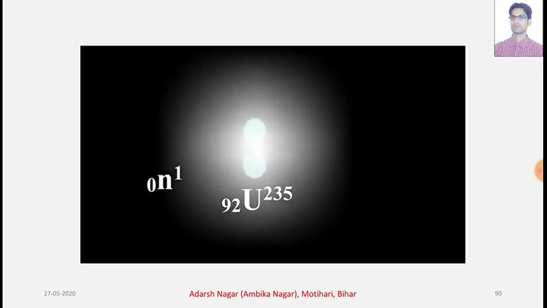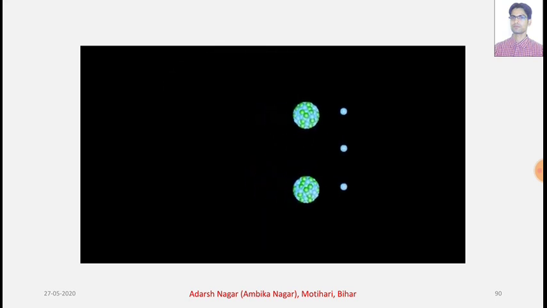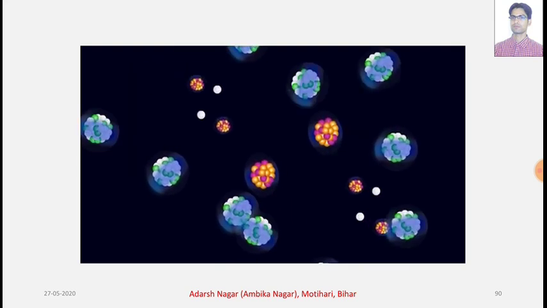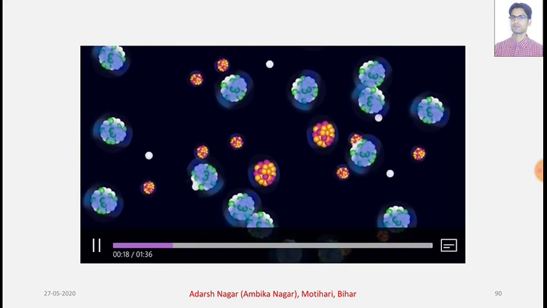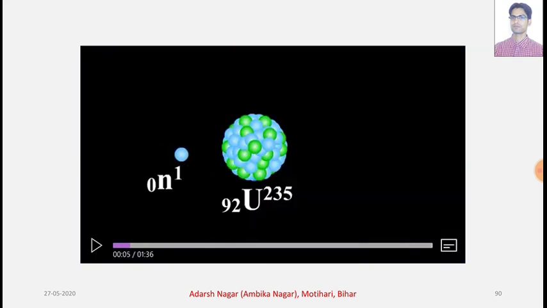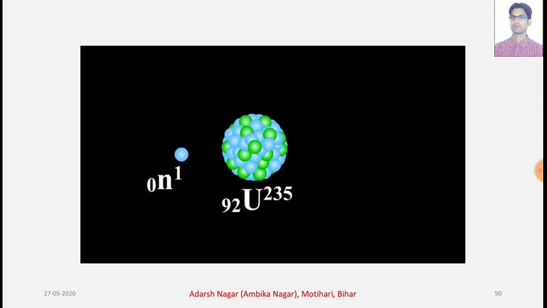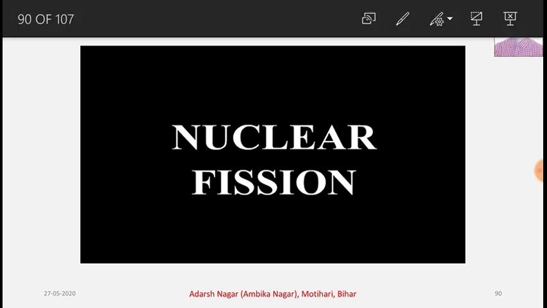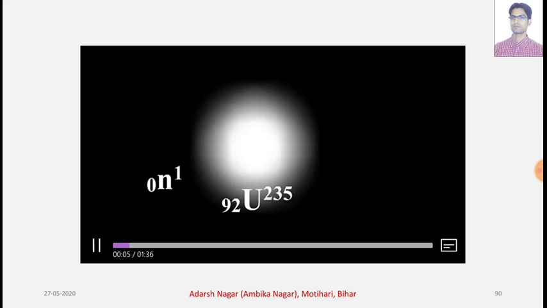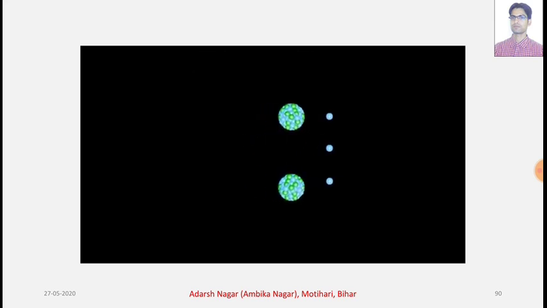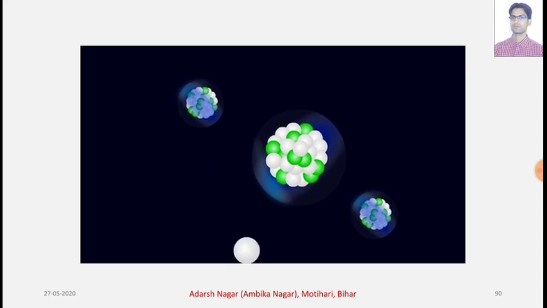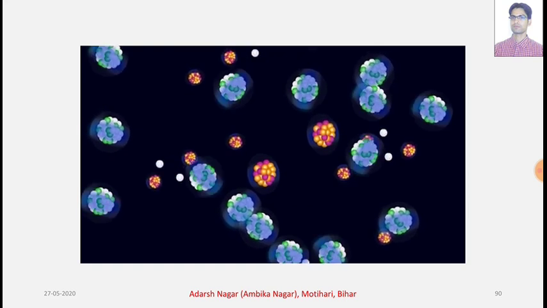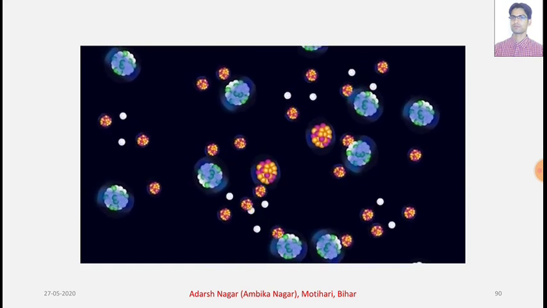You can see a neutron bombarded on uranium, it splits into 2, and you see that 3 extra neutrons are released. Each neutron strikes another uranium, the uranium is split, and you can see it dividing and dividing.